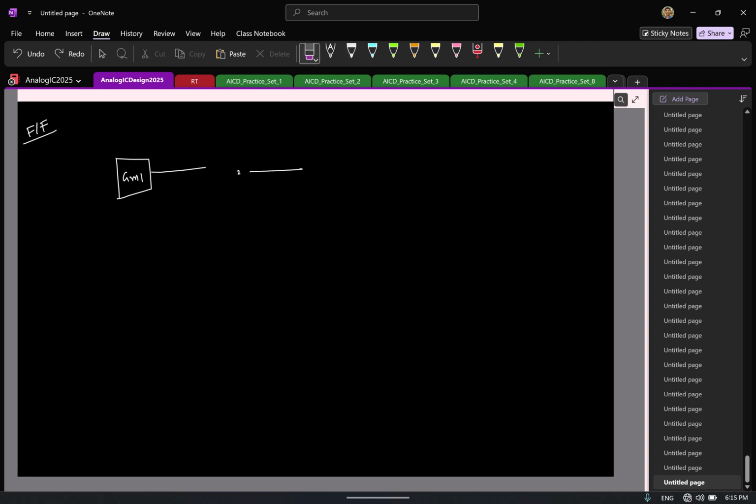And for compensating, what will I do in feed-forward? How do I add the left half plane zero? We add another GM in parallel to this.